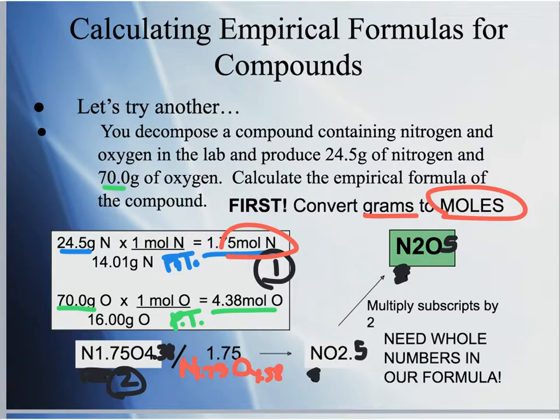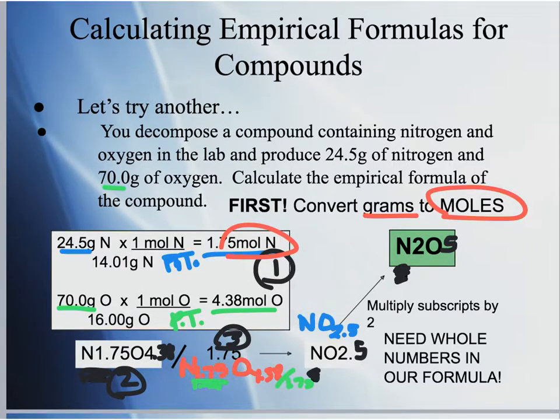So then we do our third step, which is divide by the lowest number. So we'll divide both sides by 1.75. And if we do this, we end up with N1O2.5, which still doesn't help us because it's still not a whole number, but it's a much easier number to get to a whole number, right?